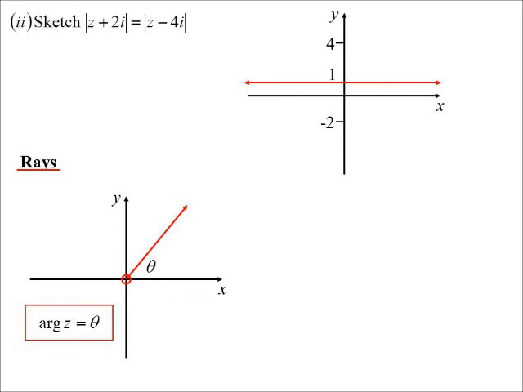So if we see the argument of z is equal to some angle, we know we're talking about a ray. Notice I've circled the starting point though, because you can't find the argument of a single point. How do you know which direction you're going in until you actually start? So with a ray, we always circle the starting point.